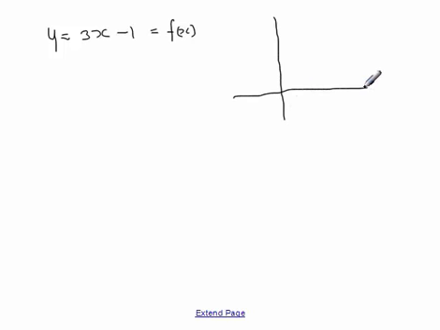Let's say y is equal to 3x minus 1, and let's say this is your f of x. You must understand this thing very well. Why do we always say y is equal to f of x? Because we plot our functions on the xy system of axes.